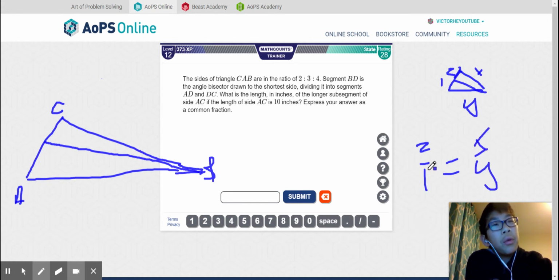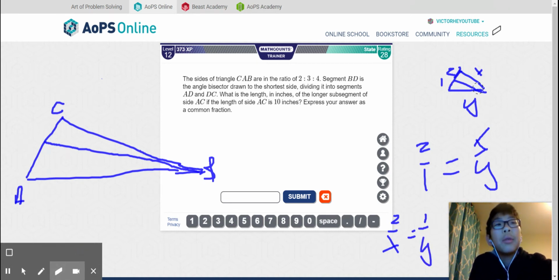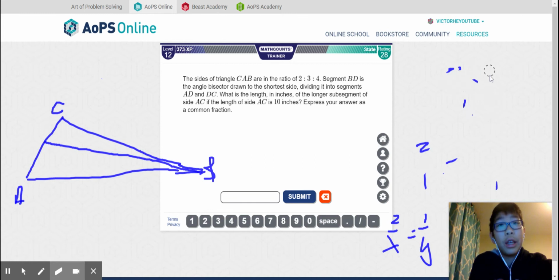Another way to use the angle bisector theorem is 2 over x equals 1 over y. So that's the angle bisector theorem, and that's also a possible case to use.